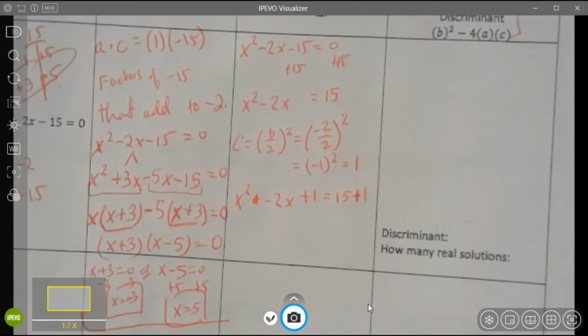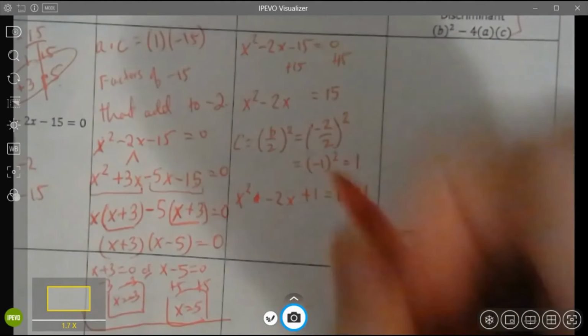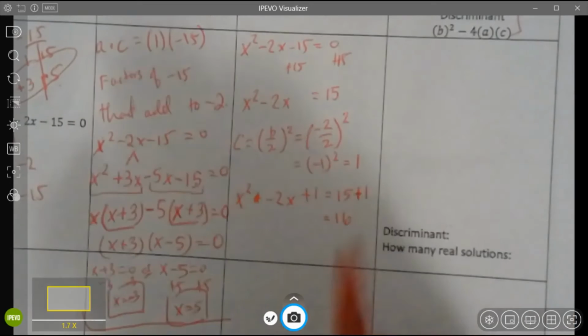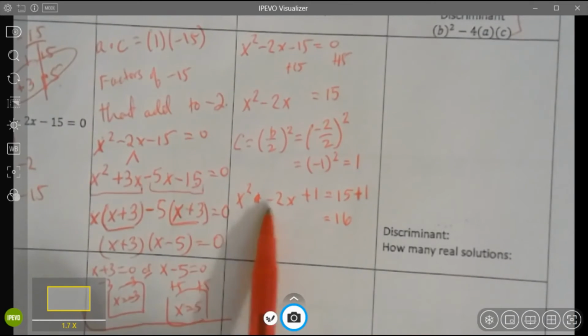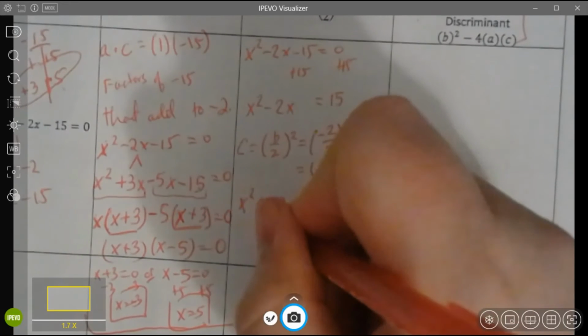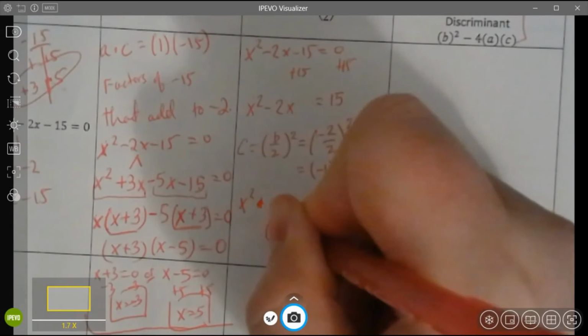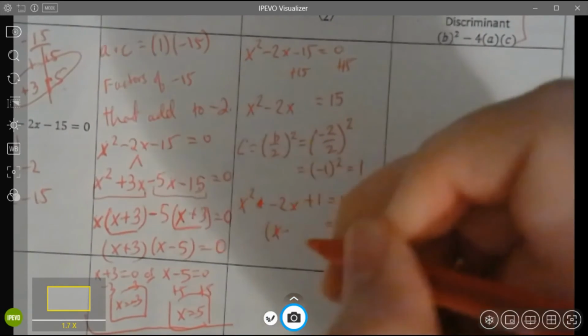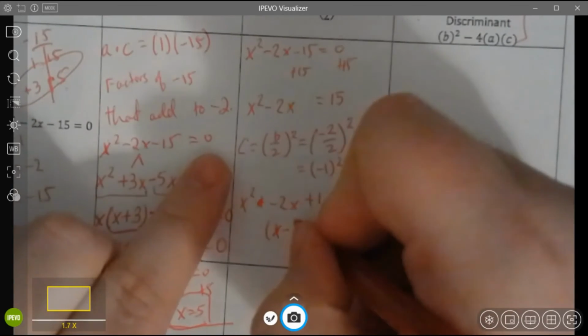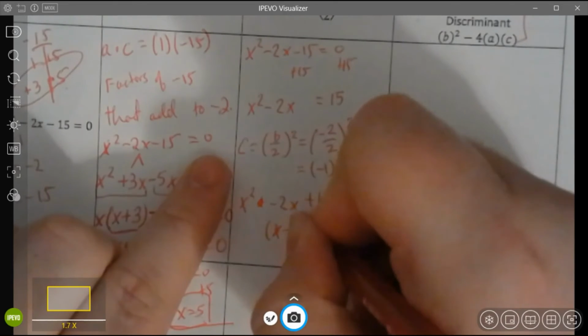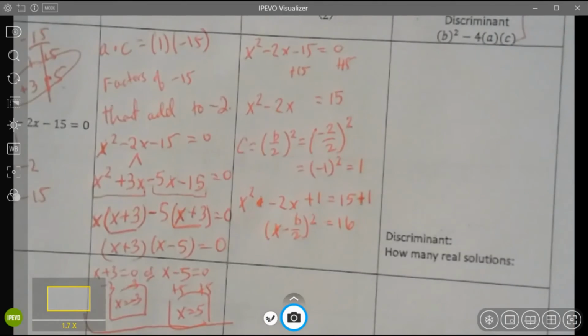So next, we're going to simplify this just a little bit. On this side, we're going to make this equal to 16. But this side, x squared minus 2x plus 1, factors as x minus b divided by 2, squared, whole quantity squared.